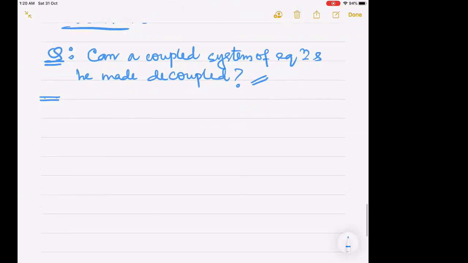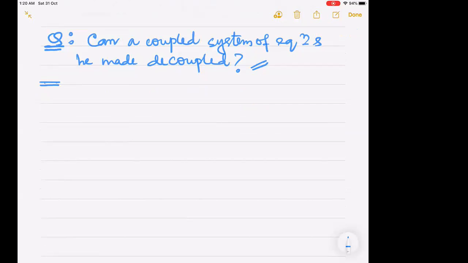Now, suppose what we do is, let's say, a linear change of variables. Now, what do we mean by that?